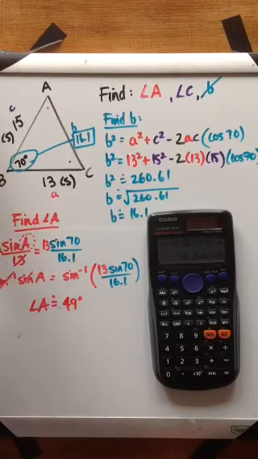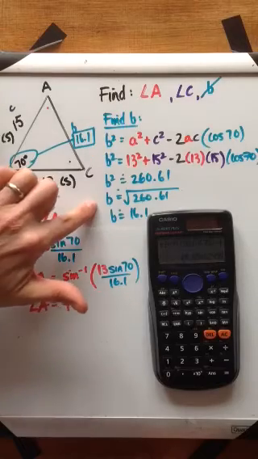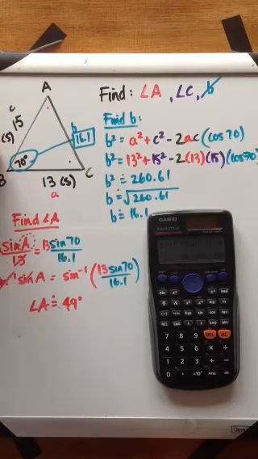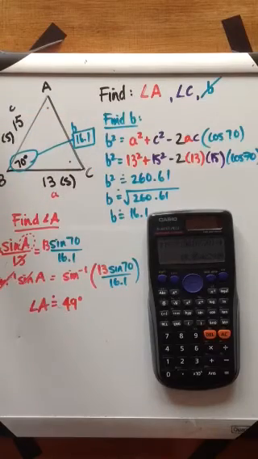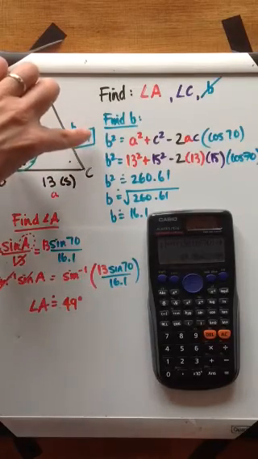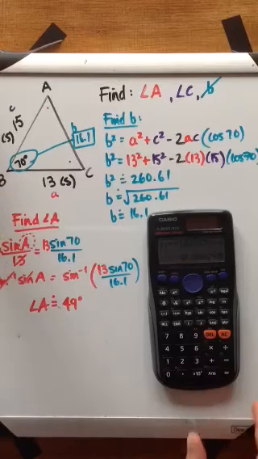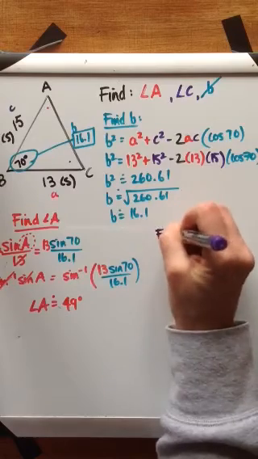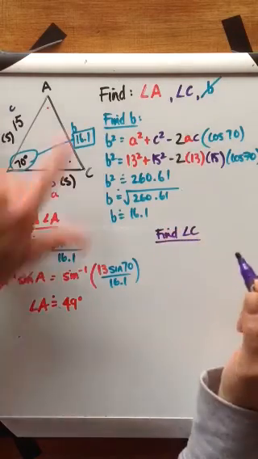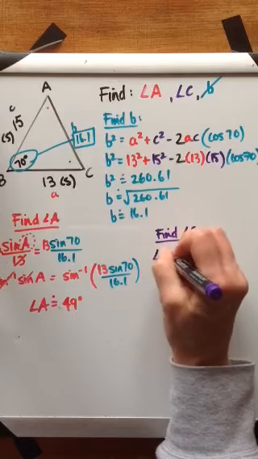All right, so to consolidate this point, we use cosine law first because we were given a SAS scenario that enabled us to find the length of the third side. Once we found it, we found a pairing, we could use sine law. And then to find the final angle, we can use an even easier tool. We can find angle C, knowing the fact that all three of them have to add to 180 degrees.